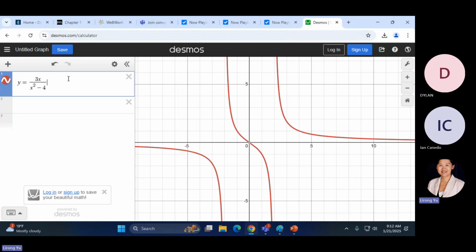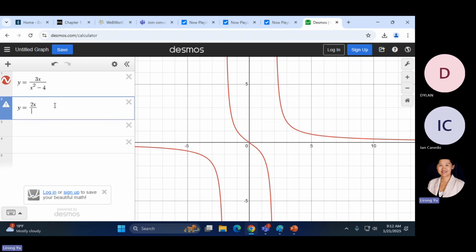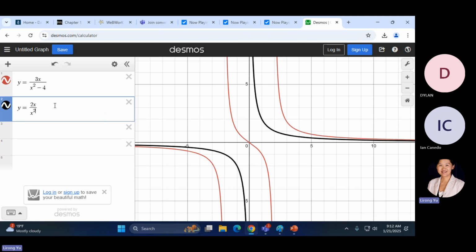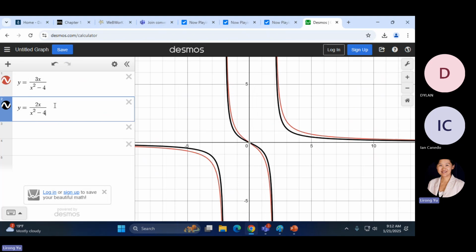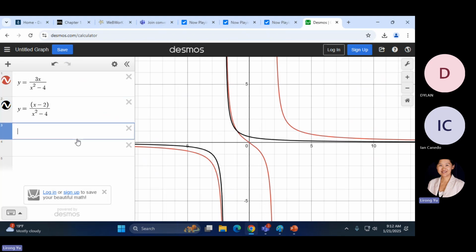With a simple change we'll see something like y equals 2x over, I'm trying to show a similar example, x squared minus 4. That's 2x, and I'm going to divide by x minus 2 times. Okay, so I'm trying to look at the difference between the two functions.